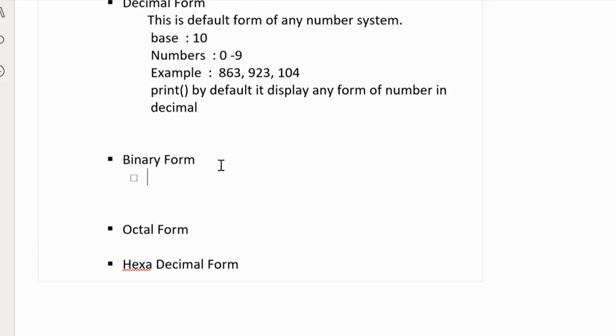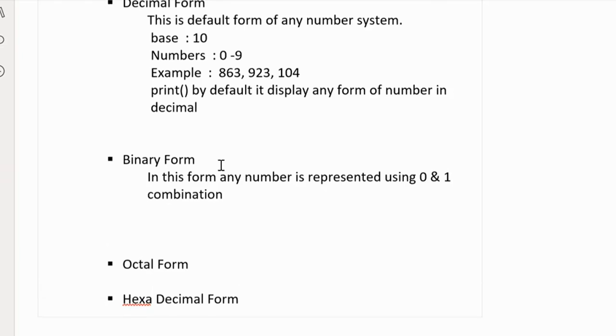Any number is represented with 0 and 1, a combination of 0 and 1.